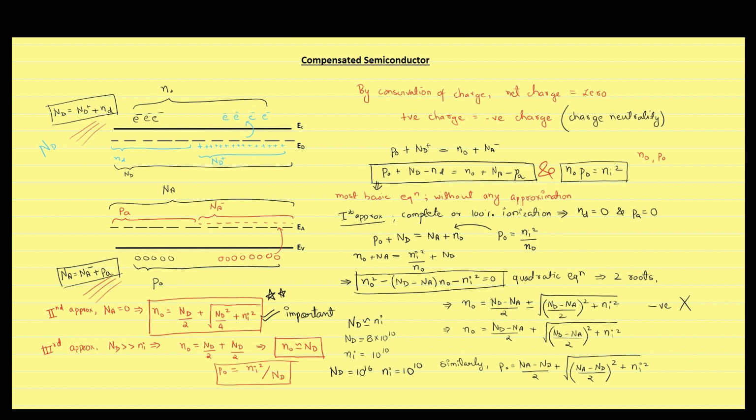It is okay to use the approximated formula if doping concentration Nd is greater than or equal to at least Ni multiplied by 1000. I hope all the points are clear to you and you can put different approximations as per the data which is provided in the question.